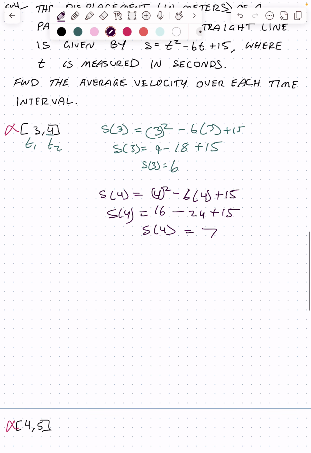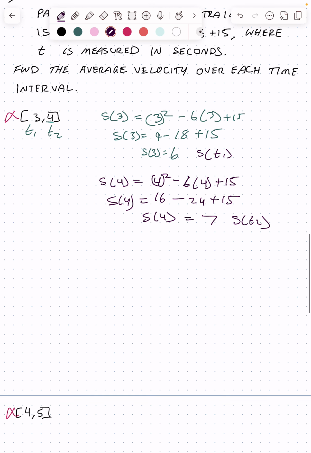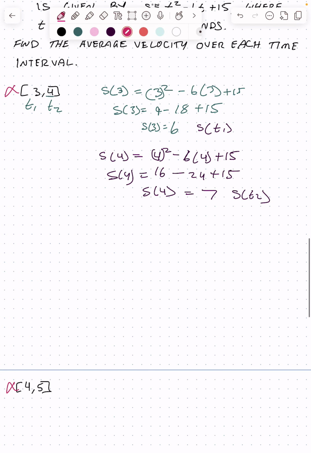All right, so basically what we just found, this 6 is S of T1, right? And this 7 is S of T2. So that's important because here is that formula I was just talking about.